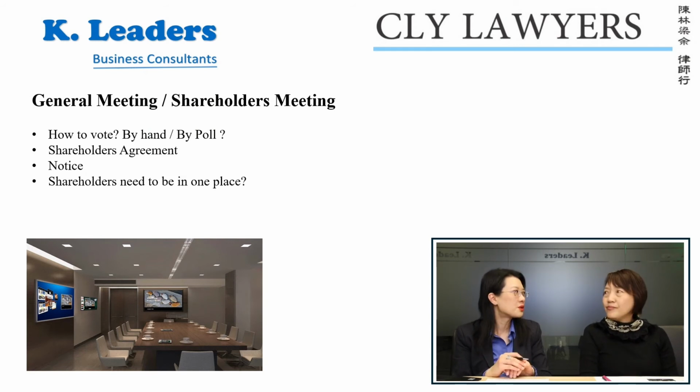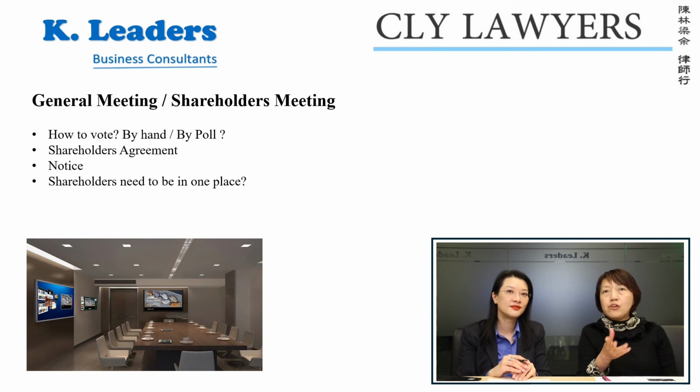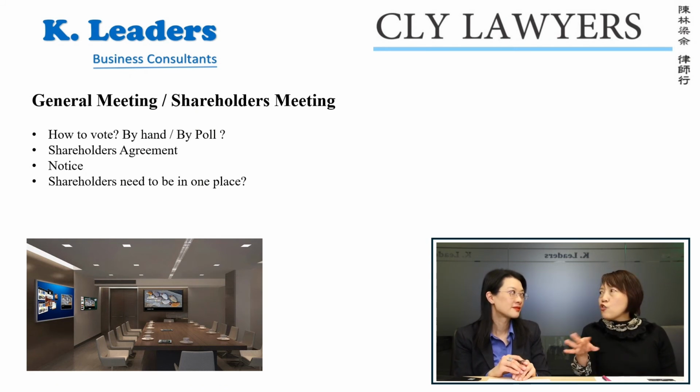Now, hey Francis, I'm guessing with COVID, a lot of your clients are probably situated outside of Hong Kong. And I also know that shareholders don't generally need to be in one place in order to have a shareholders meeting, right? Yes, if the company was incorporated some years ago, then the articles may not allow meetings to be held in different places.